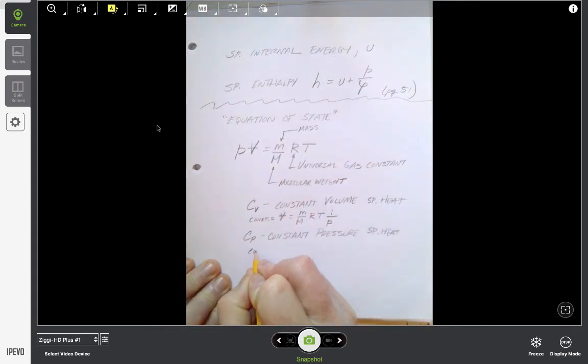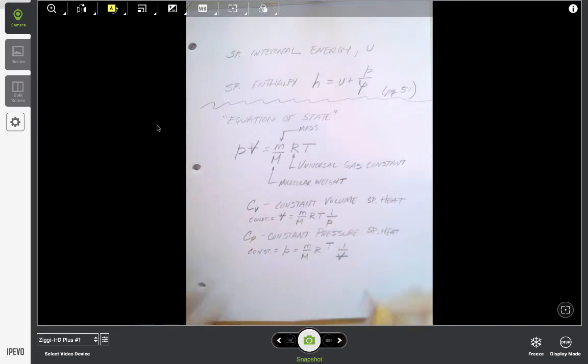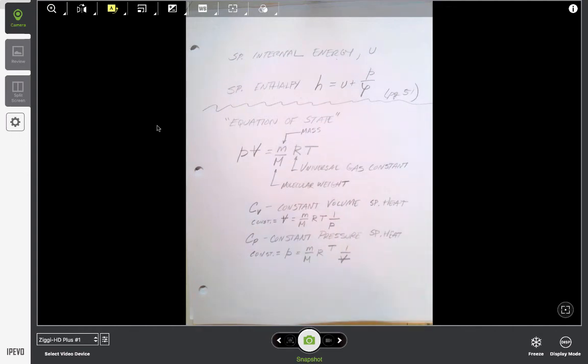Now when we have constant pressure, for the pressure to remain constant, if we raise the temperature, the volume has to increase at the same rate. So with constant pressure specific heat, volume is changing. The way to imagine that is we start with an initial mass here, with a piston.